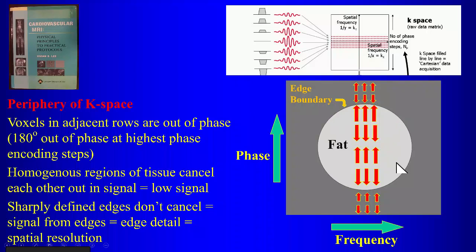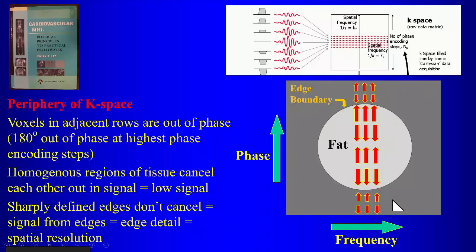That means where you have homogeneous regions of tissue, like this fat and the soft tissue around it, the signals cancel. In this homogeneous region of fat, these adjacent horizontal rows cancel. Out here, they cancel. Where you have homogeneous tissue, that gives you very low signal.